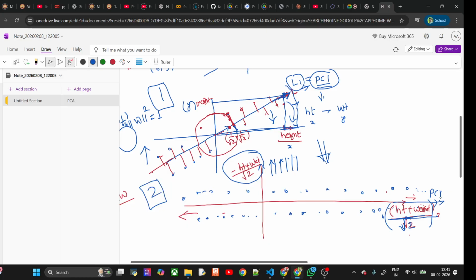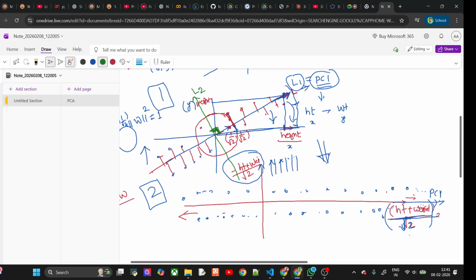But what happened to this PCA 2 here? If I want to draw another principal component in this direction, because they are perpendicular, we know that this line is, for example, L2. The L1 line is here and the L2 line is perpendicular to this.